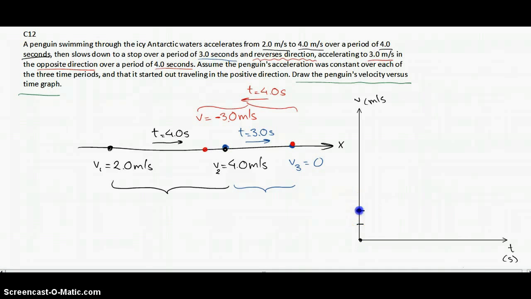So this is my first point at 2. Then 4 seconds pass. And the velocity at time equals 4 seconds is 4 meters per second. Okay. So it should be somewhere in here.